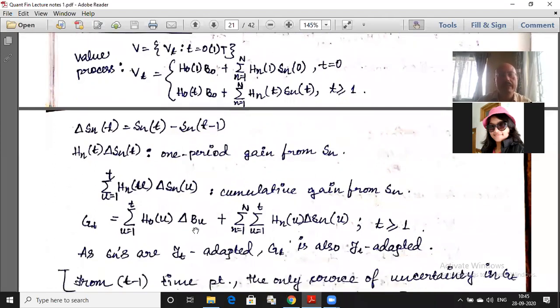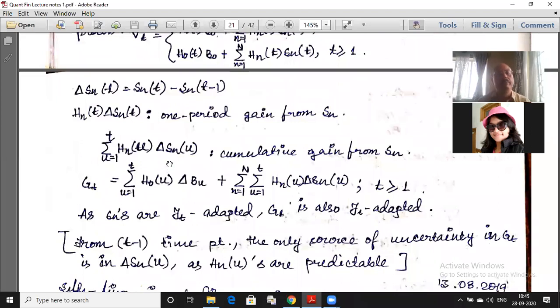So I will combine that and get my cumulative gain. My cumulative gain from the stock over time will be HNU delta SNU, U summed over 1 to small t. So if I want to understand what is my gain up to time small t, I will just sum over all the period wise gain.